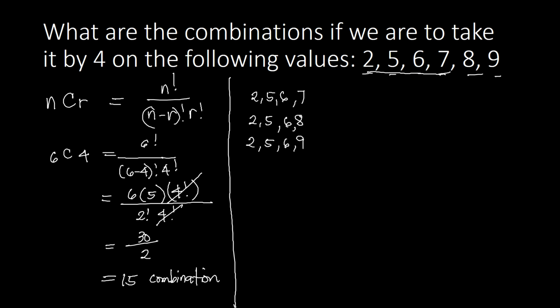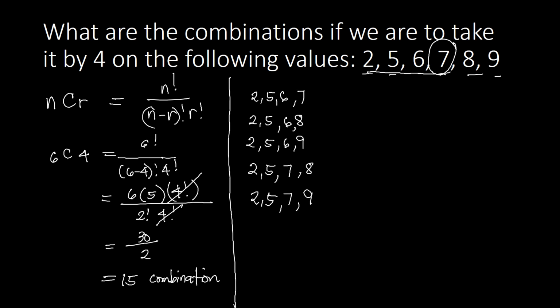From 6, the next value in the given values is 7. So we'll be changing our 6 to 7. So we have 2, 5, 7. Next to that is 8. And we are changing the last digit now because we still have 9 in there. So we have 2, 5, 7, and then 9.